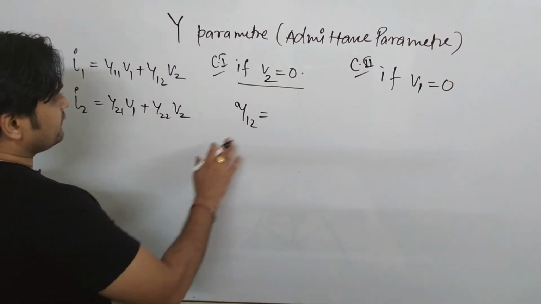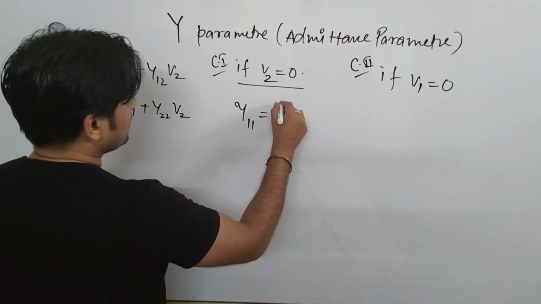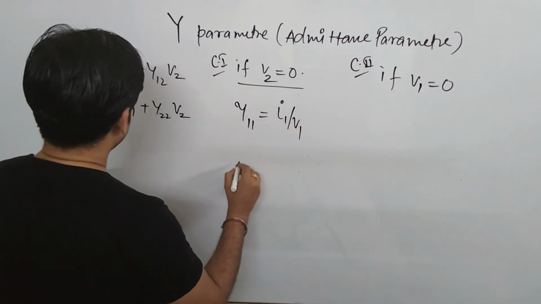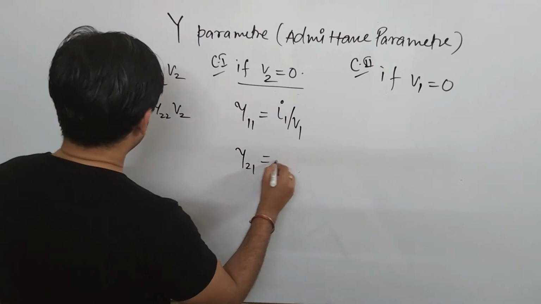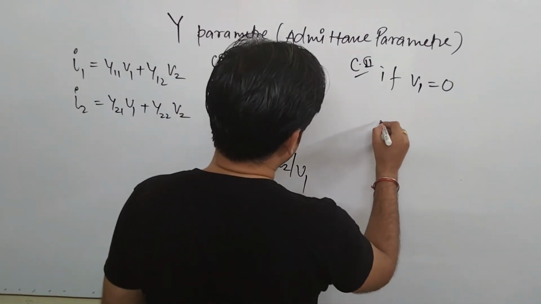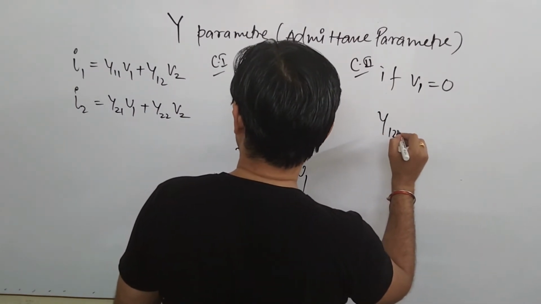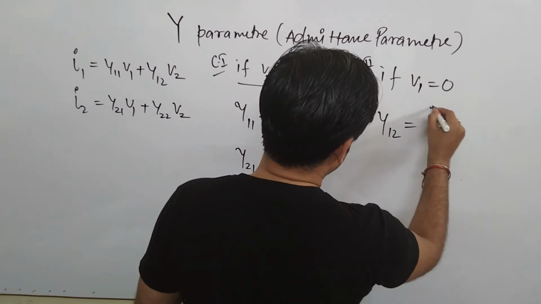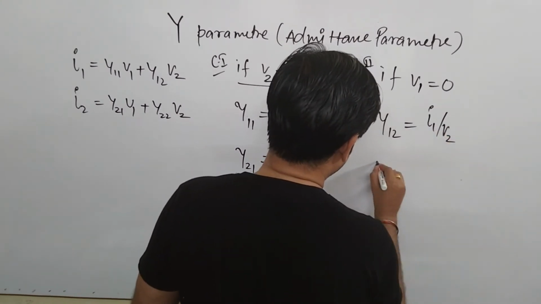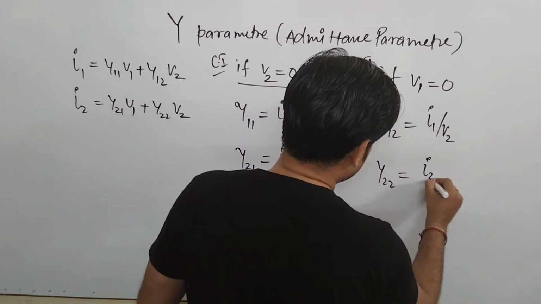If I make V2 as 0, then Y11 comes to be I1 by V1 and Y21 comes to be I2 by V1. Similarly, if V1 is 0, Y12 comes to be I1 by V2 and Y22 comes to be I2 by V2.